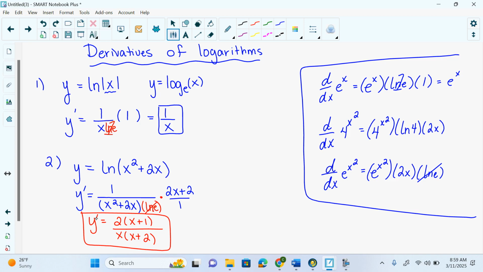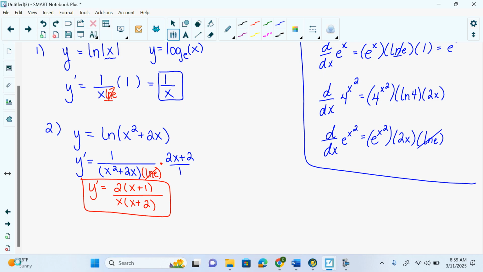Now, it is technically 1 over whatever's beside times the derivative, correct? But let's think about that in actual formula matter. So, if I have y equals ln of anything, let's say ln of x, and I do my derivative of it, what am I doing? I'm doing 1 over x, and I'm ln of e, technically. And then I'm multiplying by 1, the derivative, correct? Let's say this is x squared so that we actually have something to see.